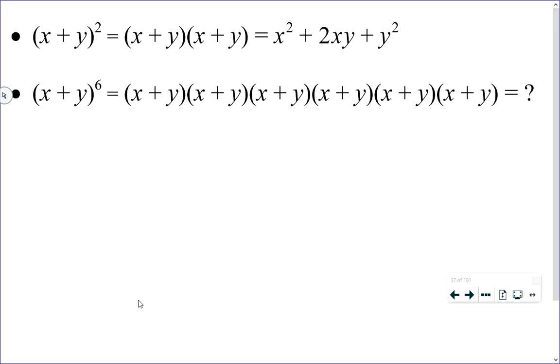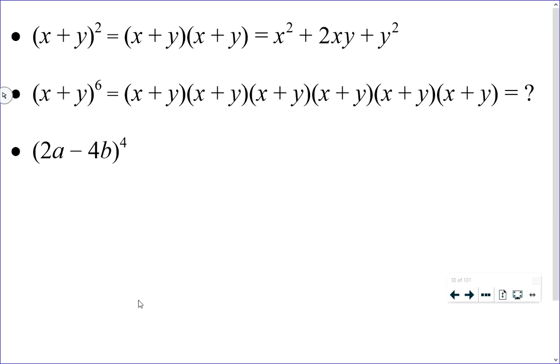Then you would have to multiply that by the third x plus y and simplify it, at which point your head would be spinning because it's going to be getting very complicated, and you would simplify that. Then you would multiply it by the fourth x plus y, on and on down the line until you were done. And that would be torturous.